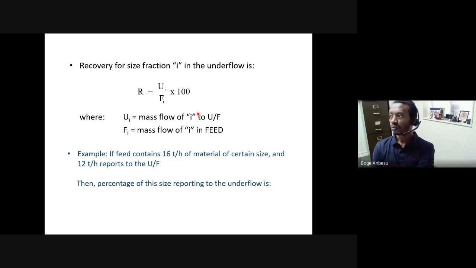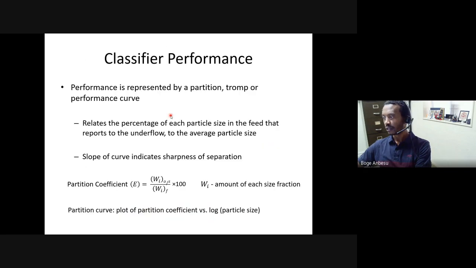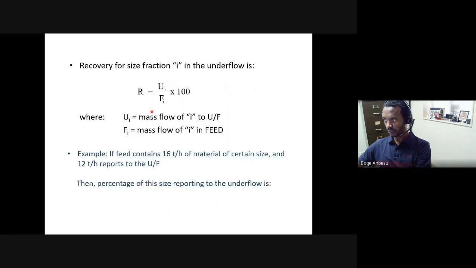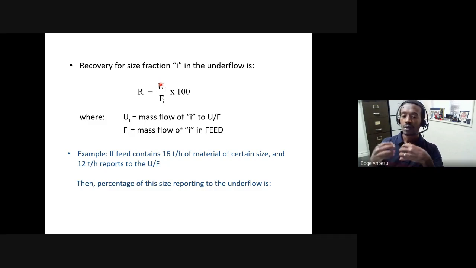So to give you a rough idea of how we interpret that equation there, this one here. Okay, so probably simplified using this one here. So in this case, the partition curve can be constructed by working out recovery of particles in the underflow to that of the feed.